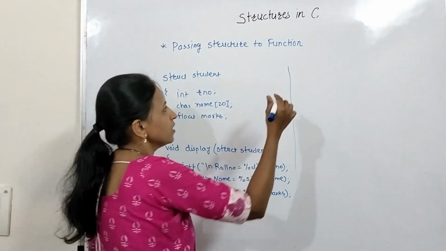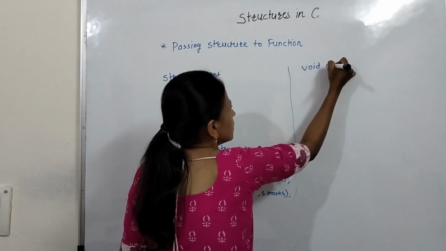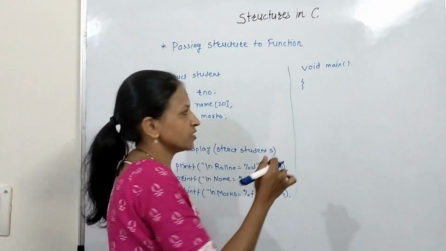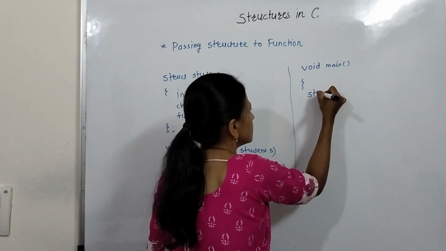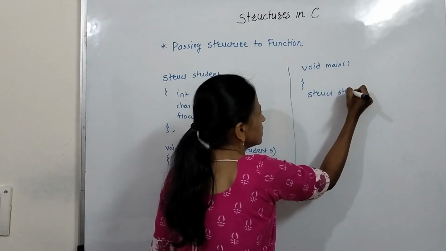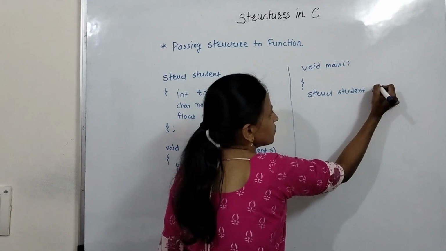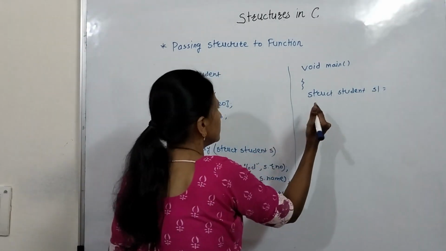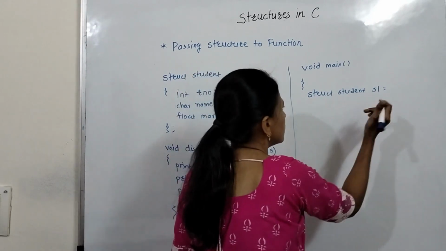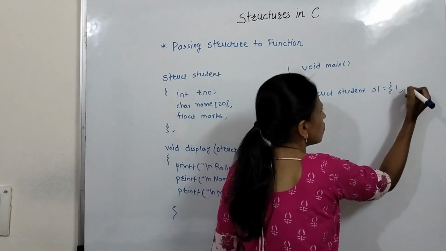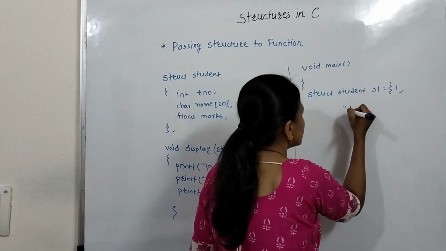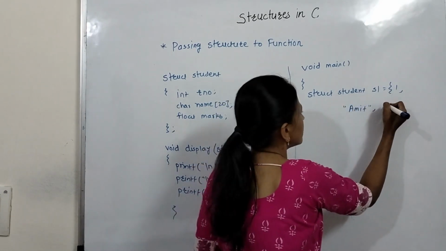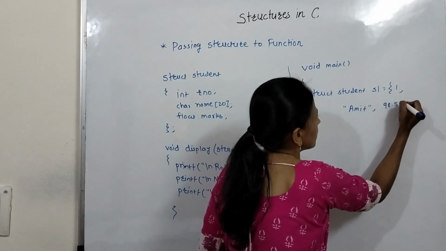Suppose I am creating one variable of this struct student, like struct student s1 equals, I am giving initial values here also: first is rno, like 1, comma name, let Amit, and comma marks, let 98.50.